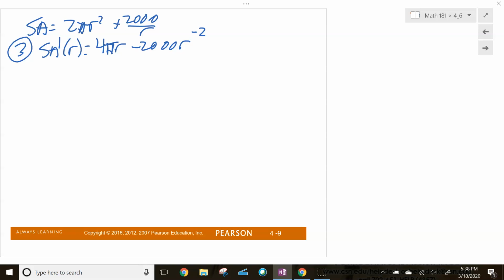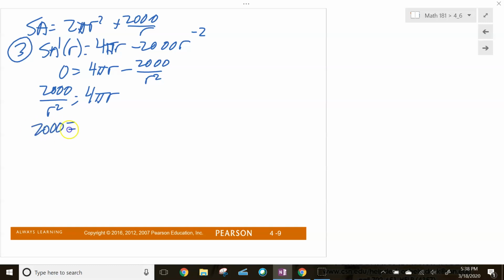We're going to set that equal to 0. So 0 equals 4 pi r minus 2,000 over r squared, so 2,000 over r squared equals 4 pi r. I'm trying to find my r critical points here. So 2,000 equals 4 pi r cubed, and r cubed is 2,000 divided by 4 pi, which is 500 over pi.